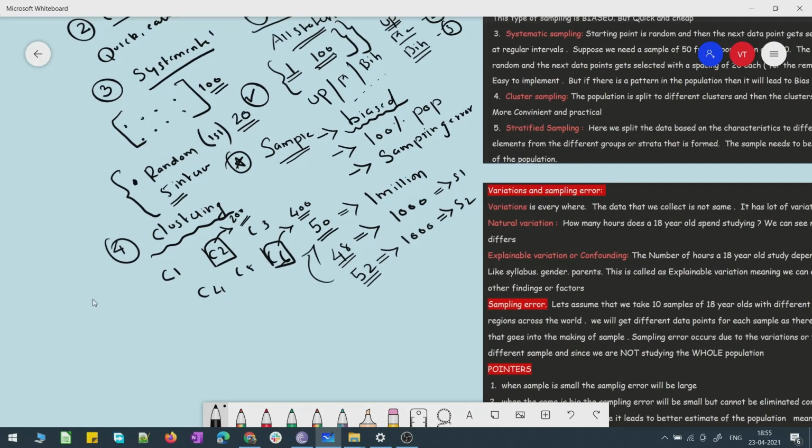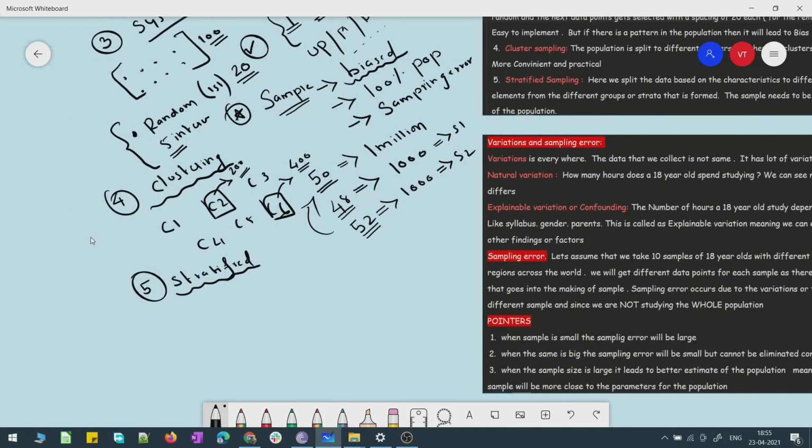And then we have something called stratified sampling. This is slightly trickier. The reason is we have a few additional steps which get performed here. Let's consider that this is my population, and I have different objects in it: stars, circles, squares, star, circle.